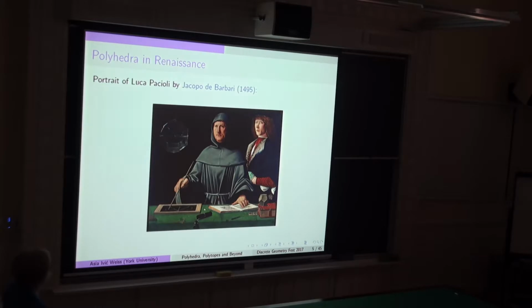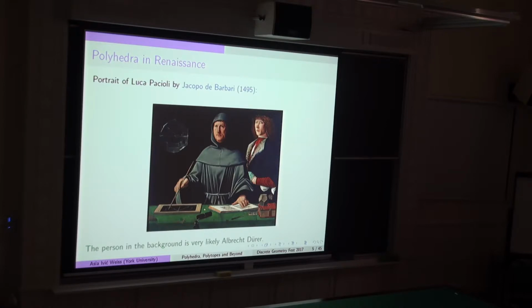As I said, Luca Pacioli was quite well known, and here is his portrait by Jacopo de Barbari. Jacopo de Barbari is a fantastic painter, but this is one of only 12 remaining of his paintings. Sometime later, not in the original painting, the portrait here was added, which is most likely that of Albrecht Dürer.